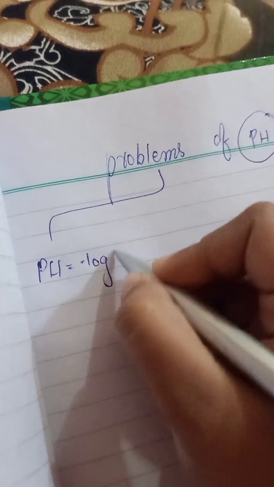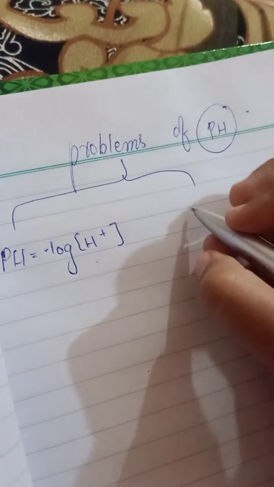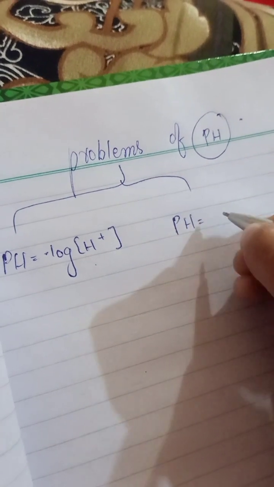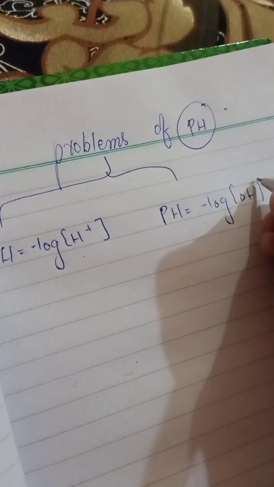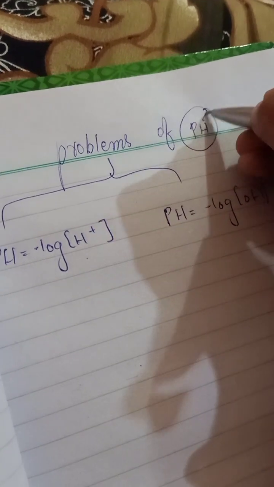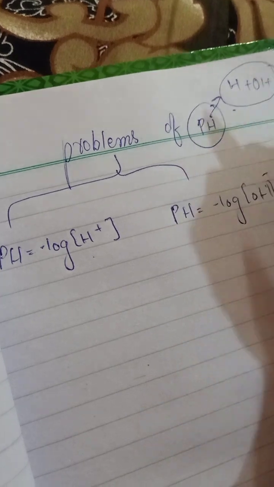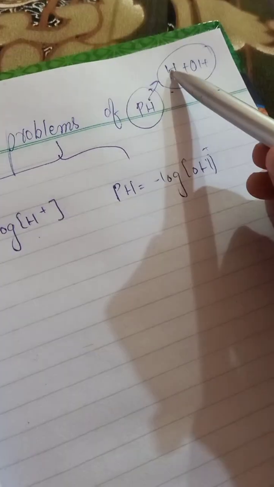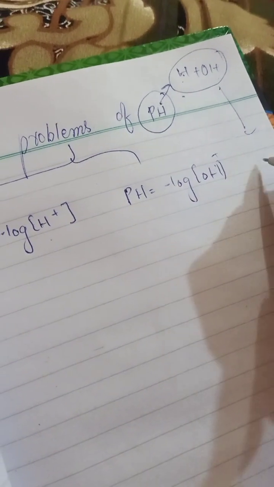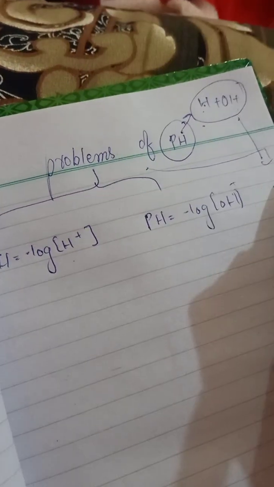minus log of H. As you all know, we have discussed this in the previous video, and pH is also equal to minus log of OH ions. As you all know, pH is based upon the concentration of hydrogen and OH ions. The pH and pOH together are equal to 14.